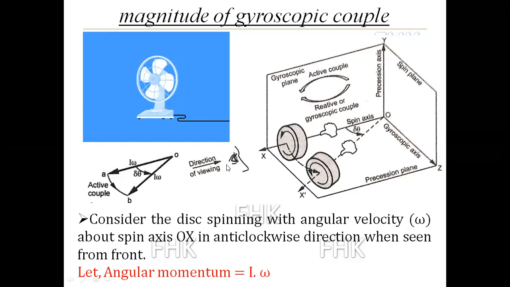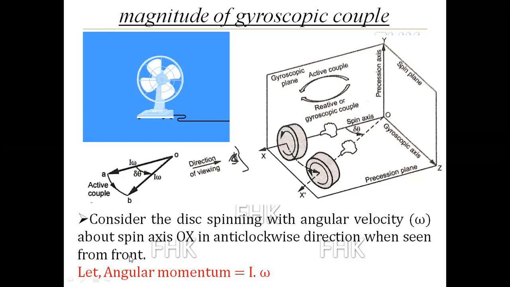Why? Because you can see the actual rotation of the rotor. So this becomes the front view or position of the observer. This is the first position of the observer in which you can see the actual rotation of the rotor. So the plane perpendicular to your eyes is the spin plane.